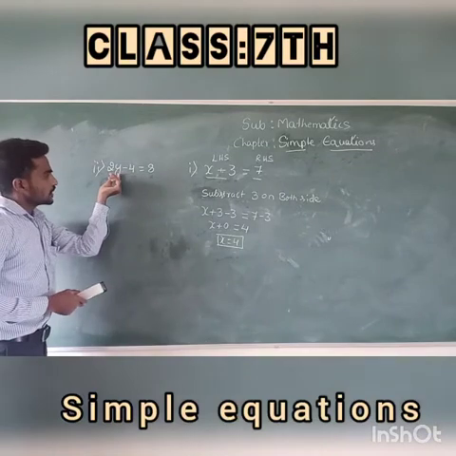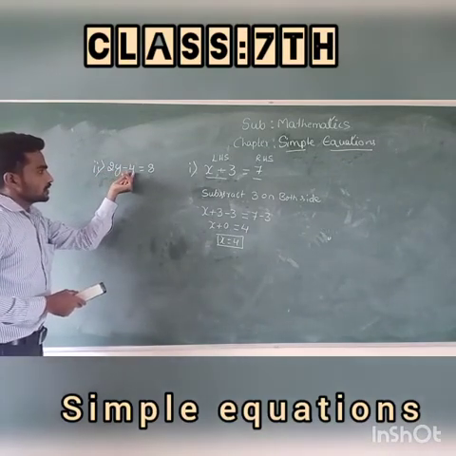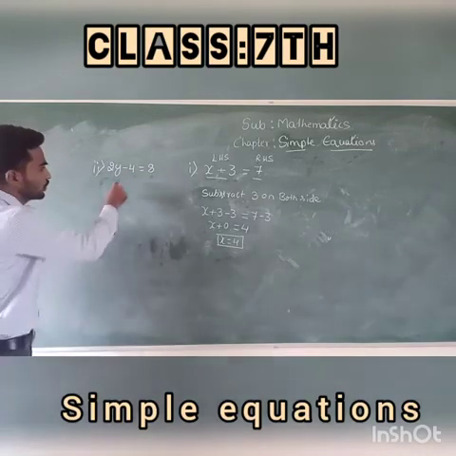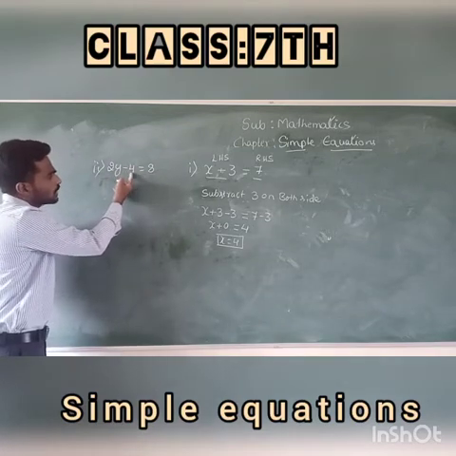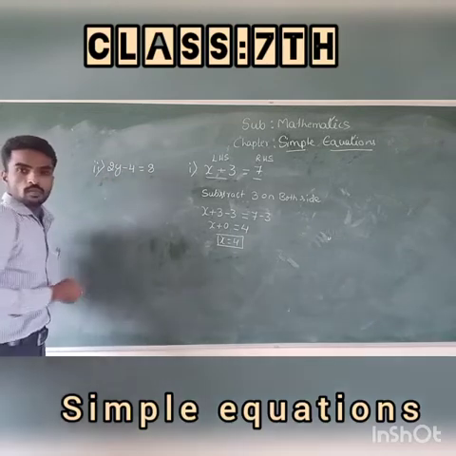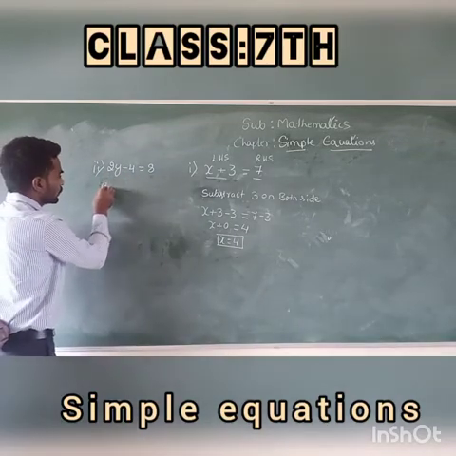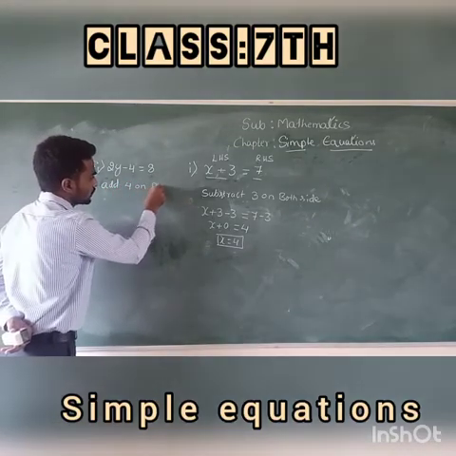Here y is the variable, 2 is the coefficient of y, and 4 and 8 are constant terms. Now here minus 4 is there, so we add 4 on both sides, then this 4 will be cancelled.